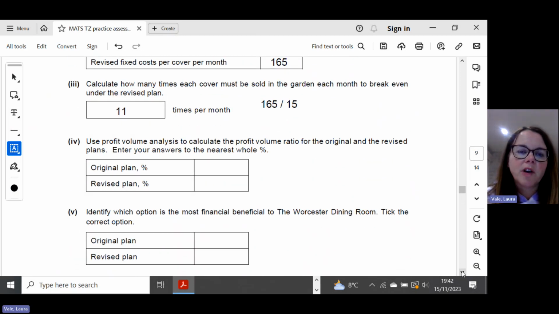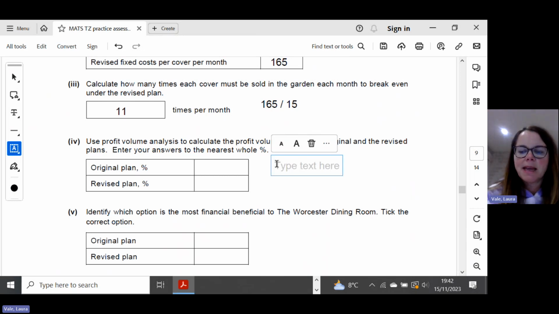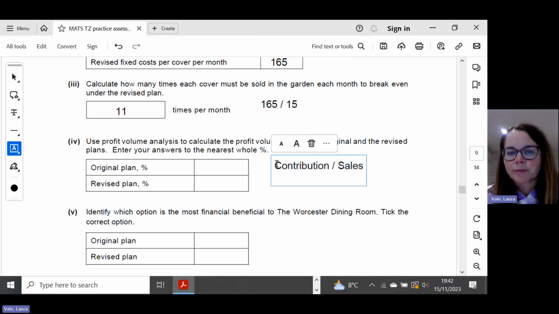Use profit volume analysis to calculate the profit volume ratio for each of the plans. Right, so the profit volume ratio is contribution, this is just the formula, divided by sales.